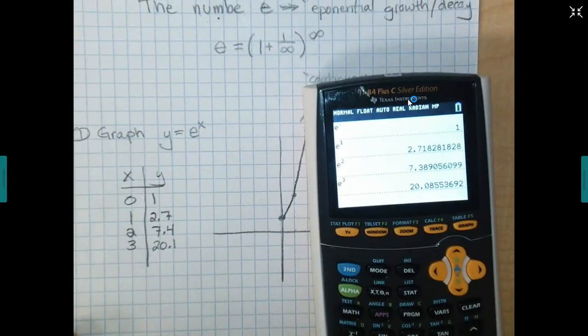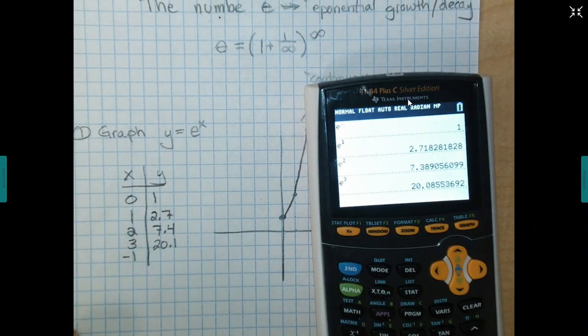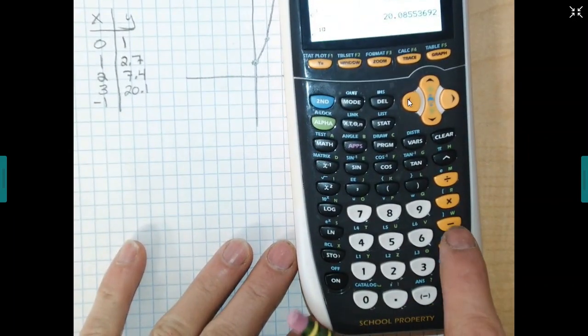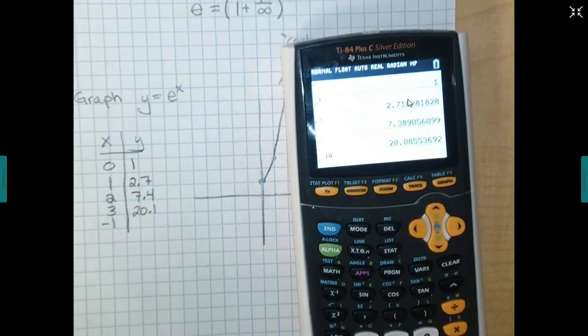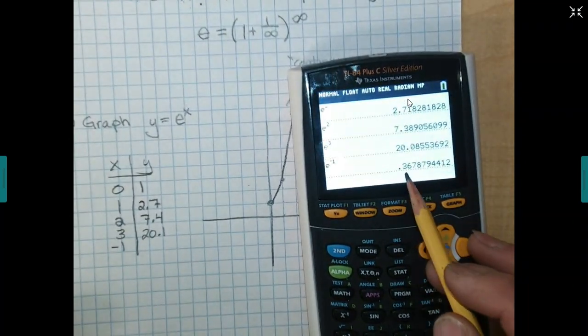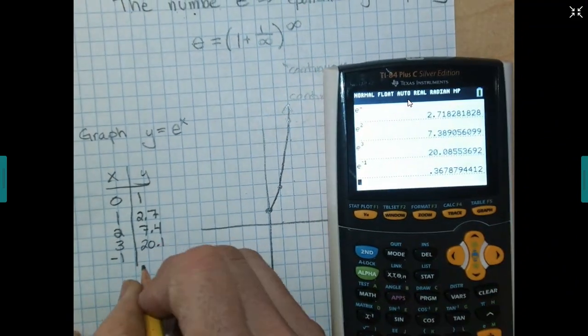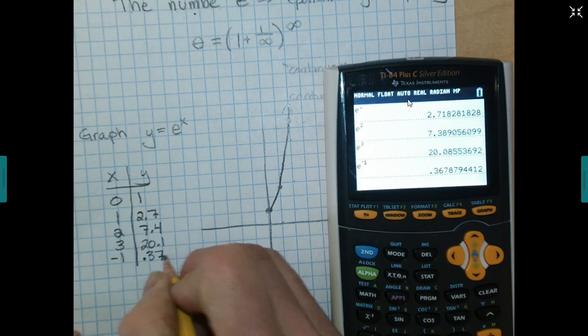Now, I didn't do any negative numbers, so let's check our negative numbers. Let's go with negative 1. So e to the negative 1 power. Now don't forget, this button right here is negative. That's minus, that's subtraction, and this is negative. So I had to do e to the negative 1. I get 0.367. Since we're getting smaller, I'll do to the hundredths, so we'll go 0.37.